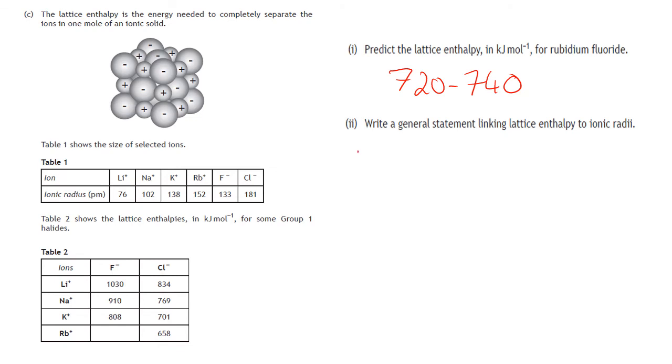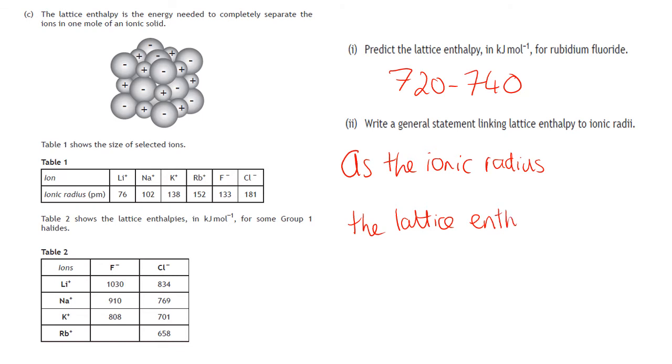So it's going to be as the ionic radius does something, the lattice enthalpy does something. So we just need to decide what words to describe what happens to the ionic radius and say what happens to the lattice enthalpy. So if we look here, our biggest lattice enthalpy is for fluorine and lithium.